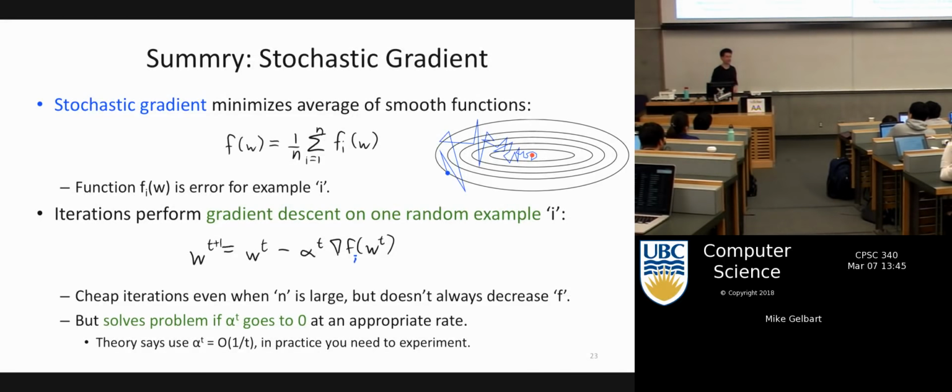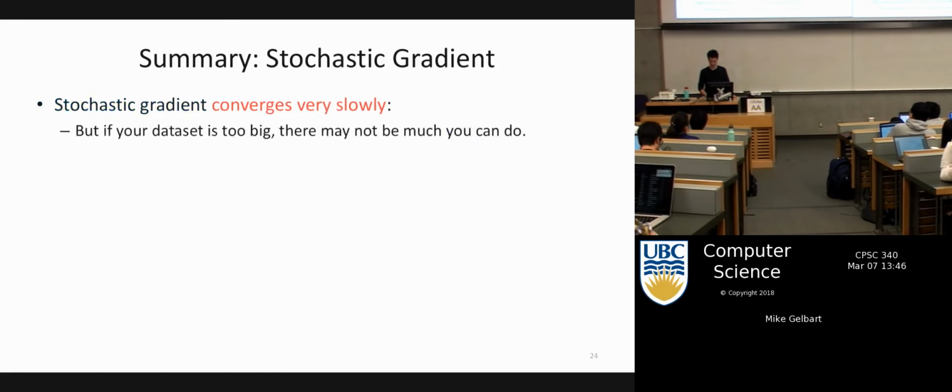And there's some theory about these things, like how alpha should be decreased, but often you may want to play around maybe with a subset of your data to try to understand what works well for your problem or something like that. So this converges very slowly, which is just another way of saying you need more iterations to get where you're going.